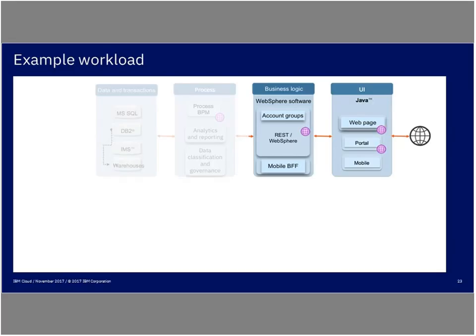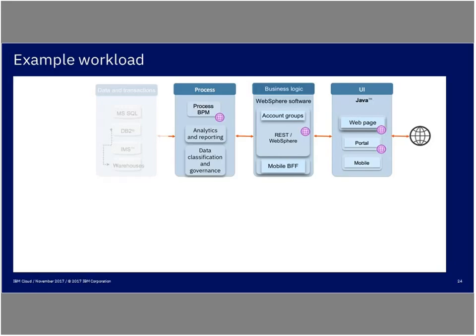Then I have a piece of business logic, usually backed by a BFF, and that's typically a piece of business software that's provided by WebSphere, and so there are some infrastructure pieces that I need to put in place for that. That will go through to a business process. So I have a request that's come in from a client to be able to do function A. It gets processed by the business logic, and then there is a BPM process which comes along and actually performs that request at the back end.